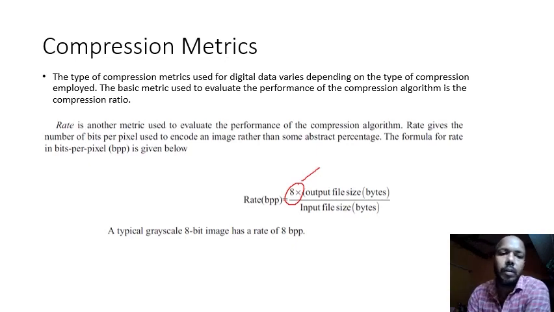Okay, so a typical grayscale 8-bit image has a rate of 8 bpp. These are the two compression metrics.